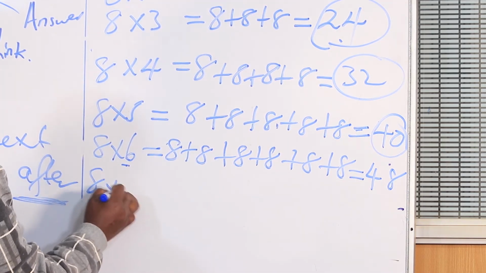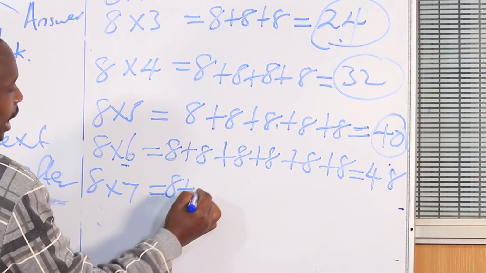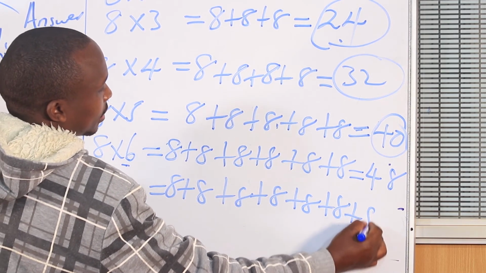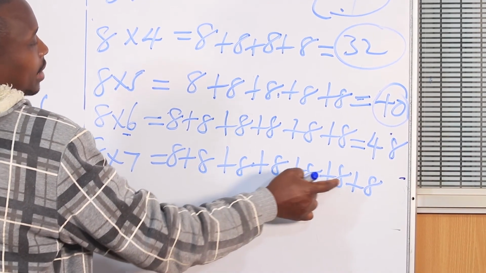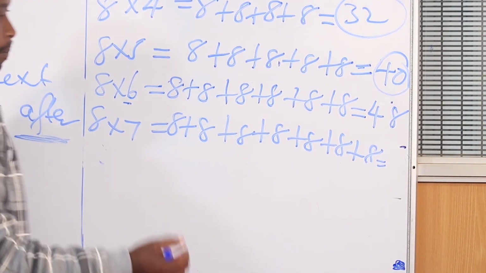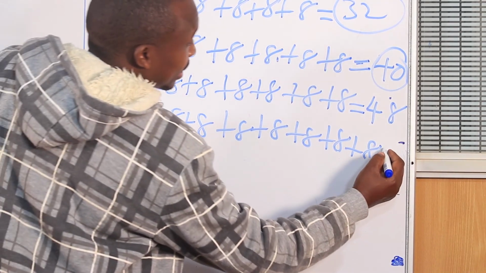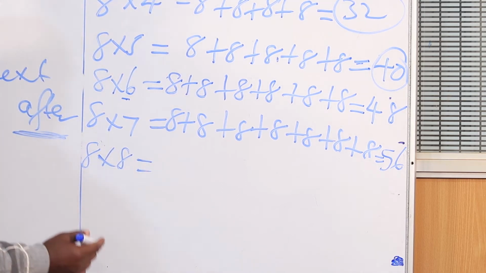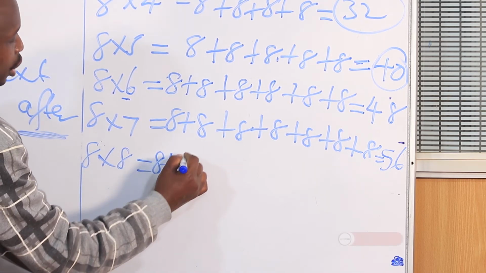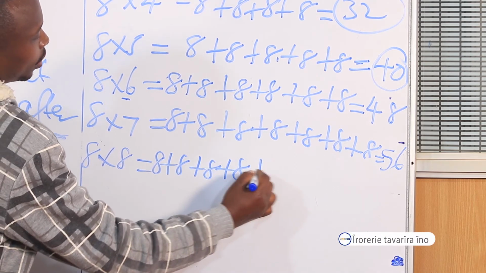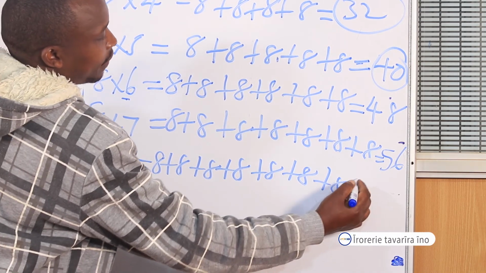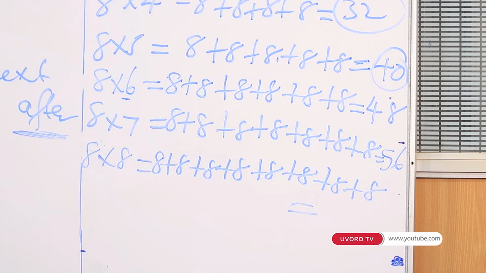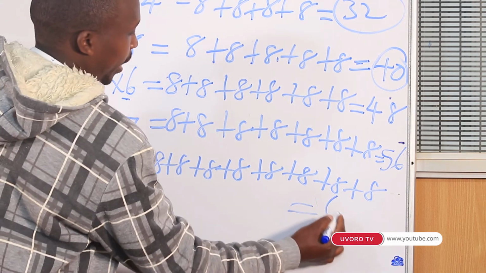Very good. 8 times 7. 1, 2, 3, 4, 5, 6, 7. That is 56. 8 times 8. You have 8 eights. 1, 2, 3, 4, 5, 6, 7, 8. That is 64. Very good.